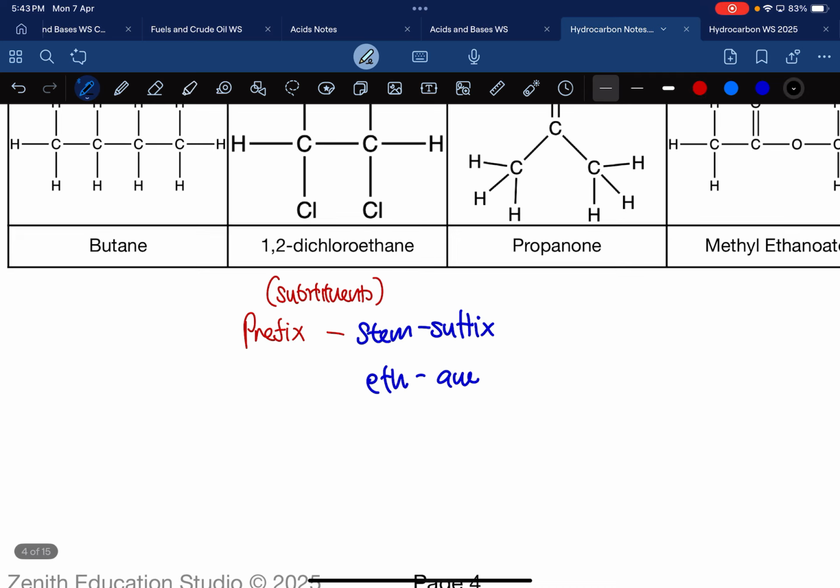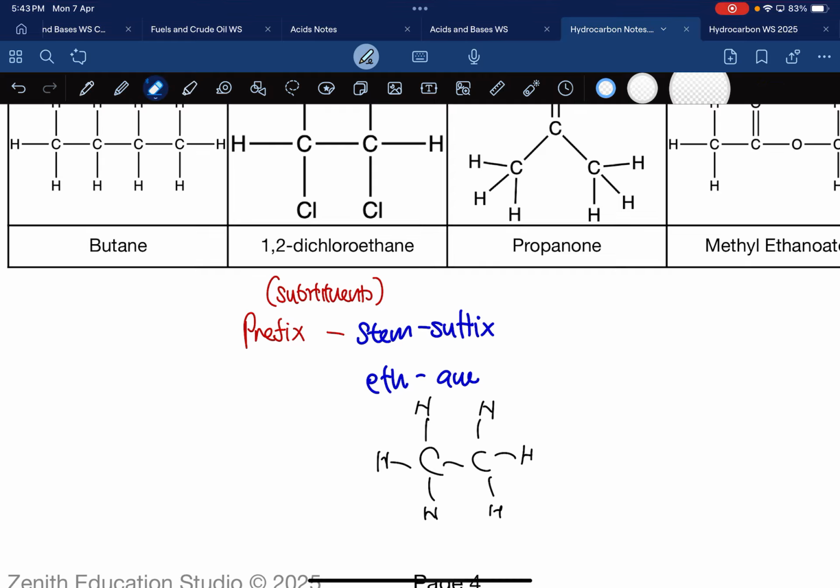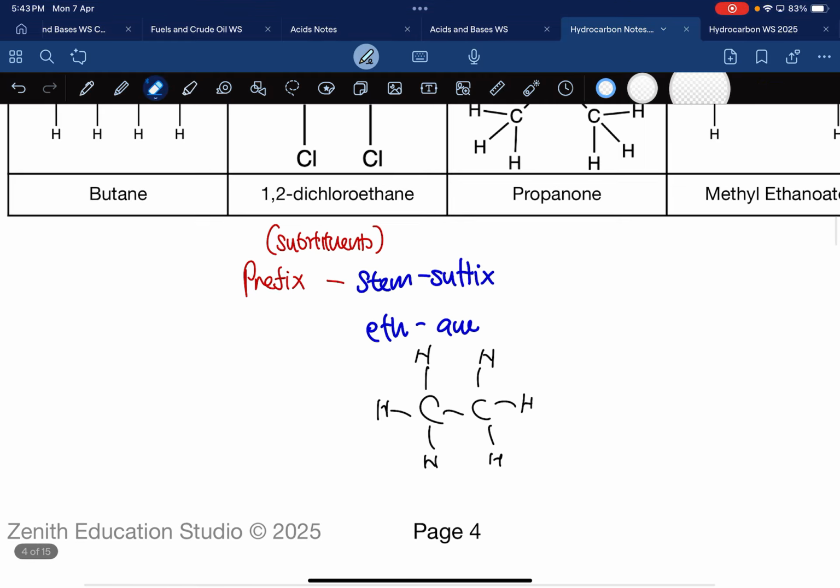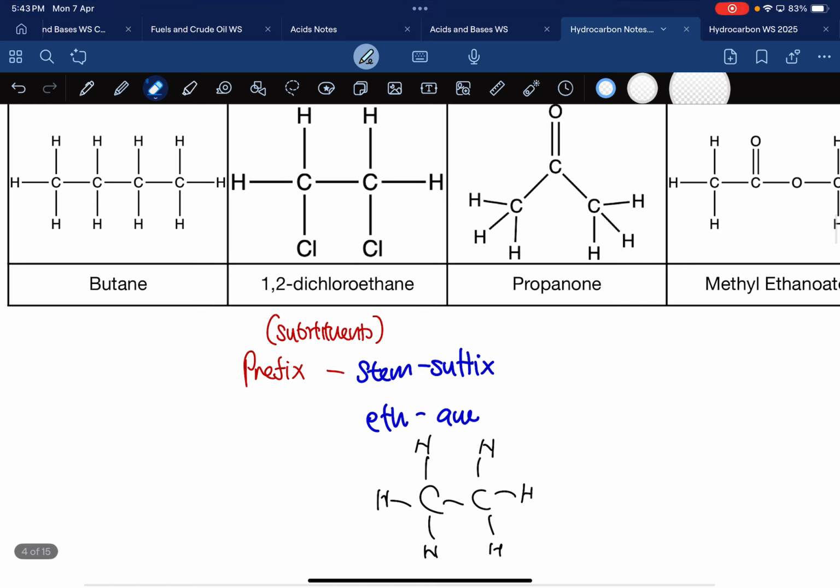Ethane under normal circumstances will look like this: H, H, H, H, H, H. Correct or not? So when I bring in the substituents, the hydrogens down here are substituted by chlorine atoms. Agreed?